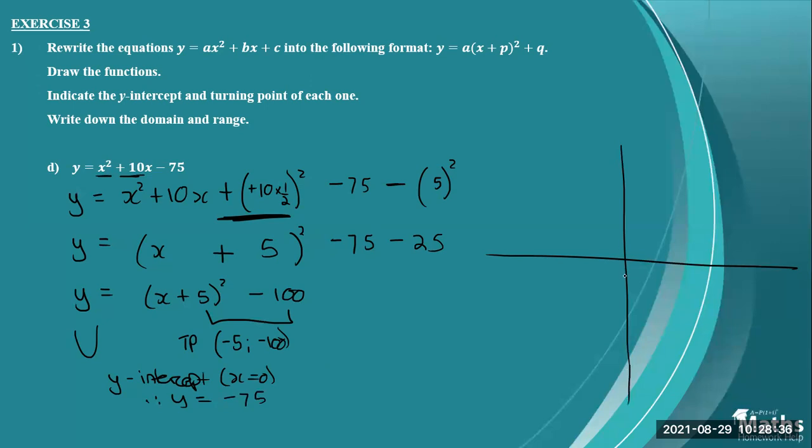It's quite a big value, so I'm just going to work with tens, like -10, -20, -30, -40, -50, -60, -70, -80. The turning point will be then at -5 and -100.